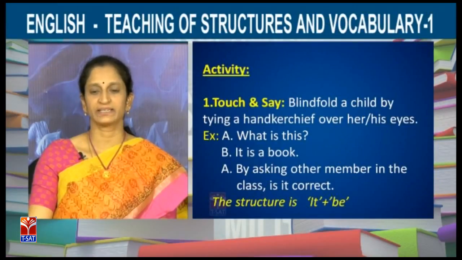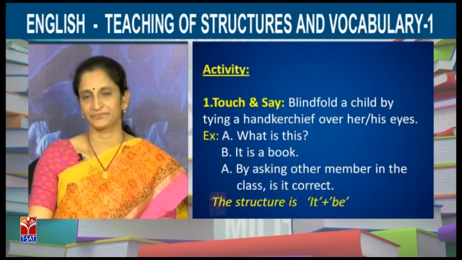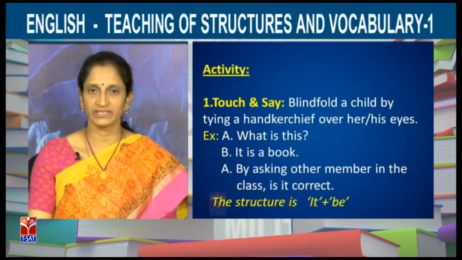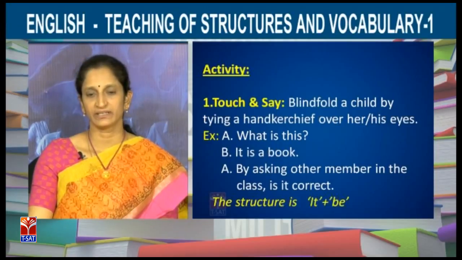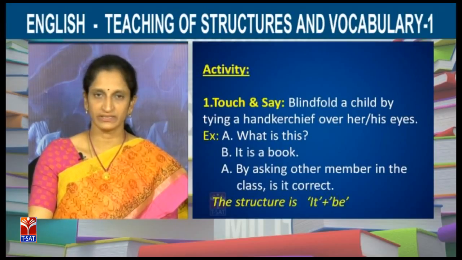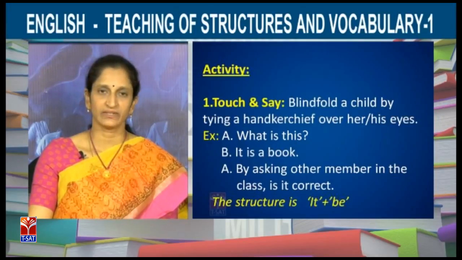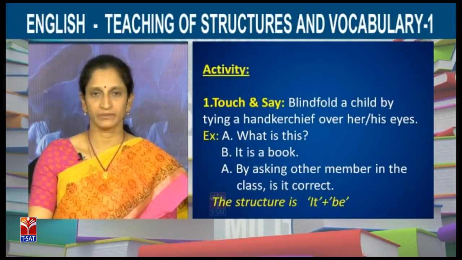Whatever child A says, this is a book or this is a box, to get further confirmation the teacher is going to ask whether it is the correct answer, whatever the answer given by child A or learner A. Immediately they will respond, yes, it is the textbook or it is a water bottle. So here the structure is it plus be. The structure indicated is it plus be.